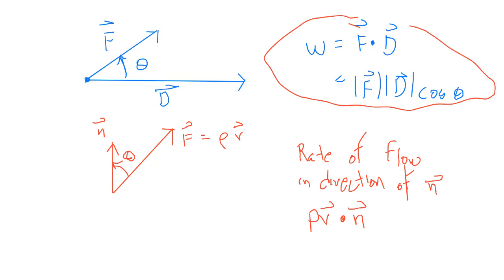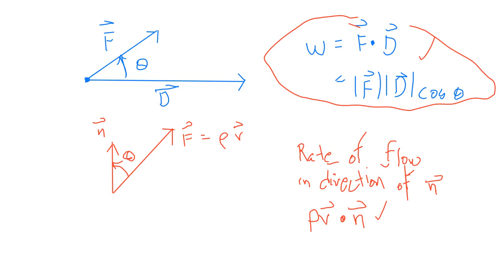Is that okay, what I'm saying here? If I want the rate of flow in the direction of the normal vector, I need to take the dot product of the two vectors, just like we took the dot product above of the force vector and the distance vector.